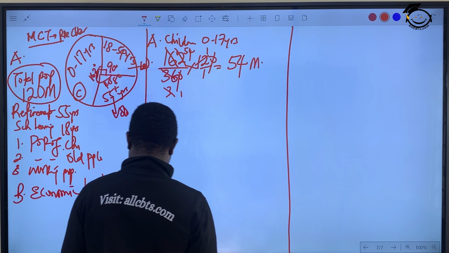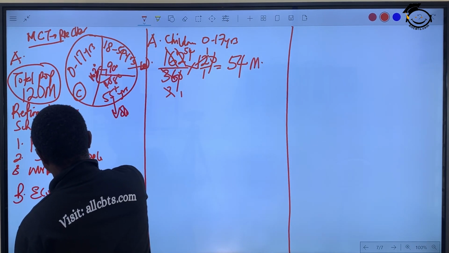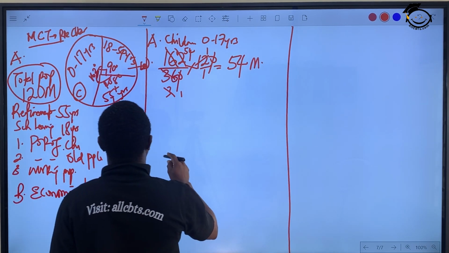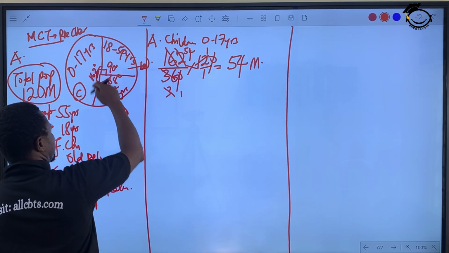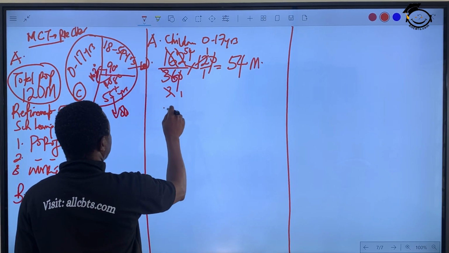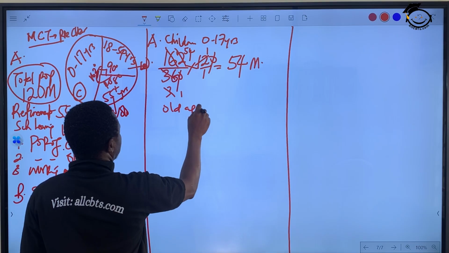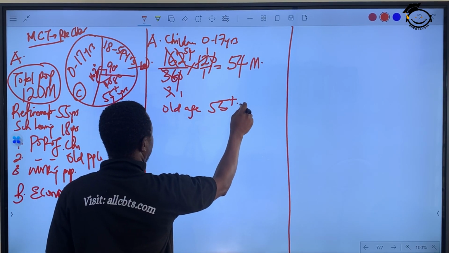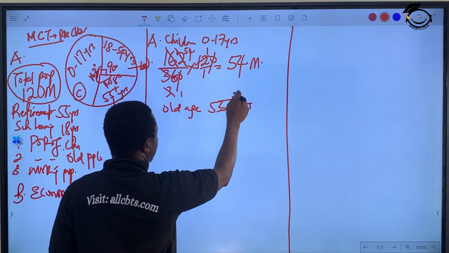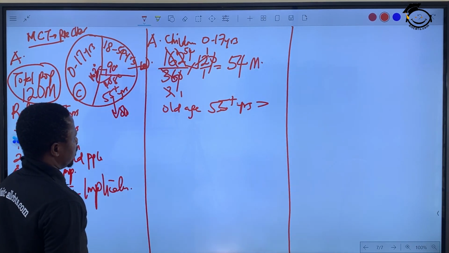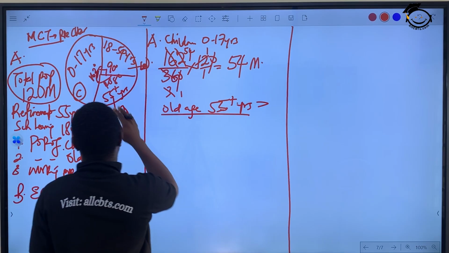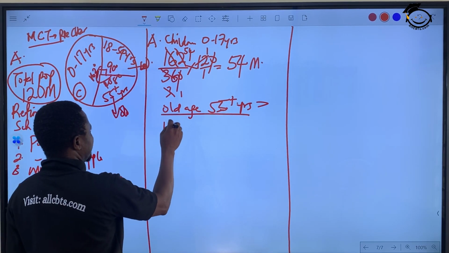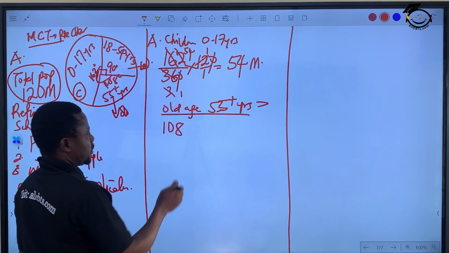Okay? The next one is the population of old age. Old age is 55 plus years. The plus means 55 and above. So we're looking for that one now. There are 108 degrees. The degrees is out of 360.